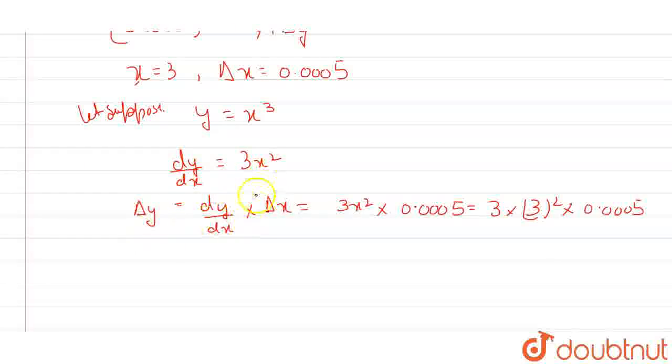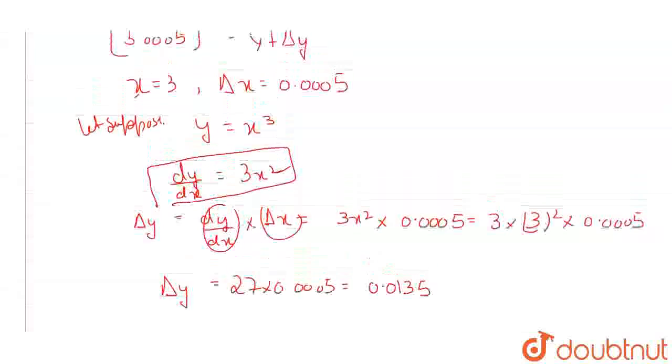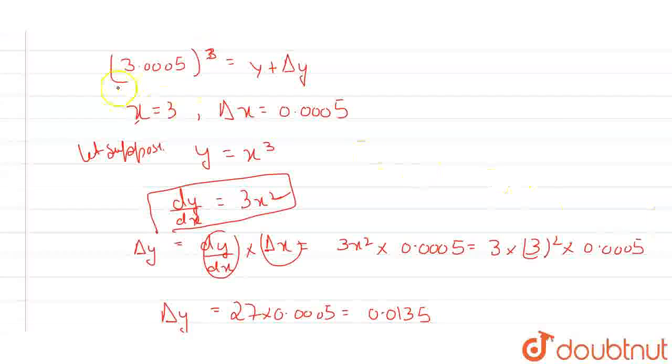So 3x square is our dy by dx, and delta x is the small change, which we multiply here. So delta y will come out as 27 into 0.0005, so the solution will be 0.0135.